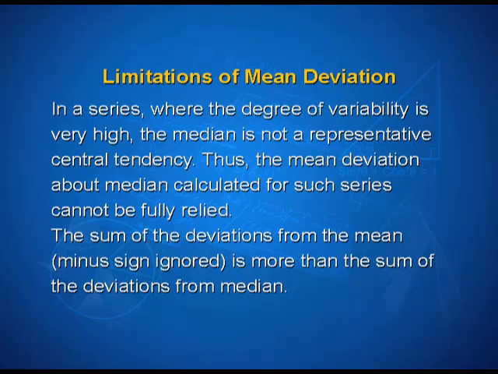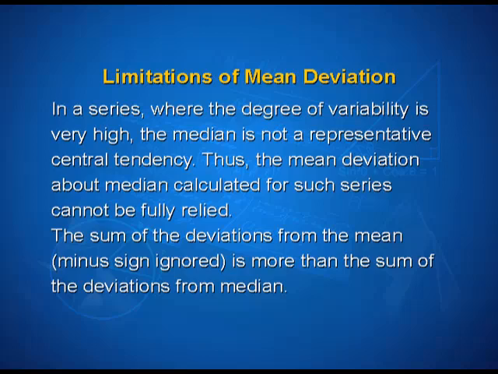Let us discuss the limitations of mean deviation. In a series where the degree of variability is very high, the median is not a representative central tendency. Thus, the mean deviation about median calculated for such a series cannot be fully relied upon.